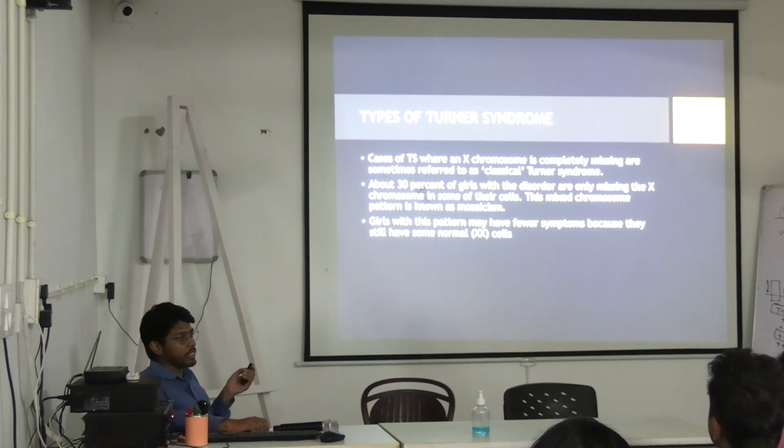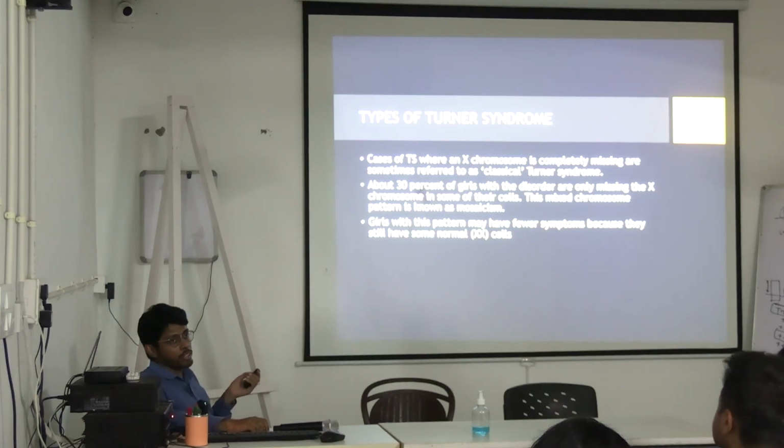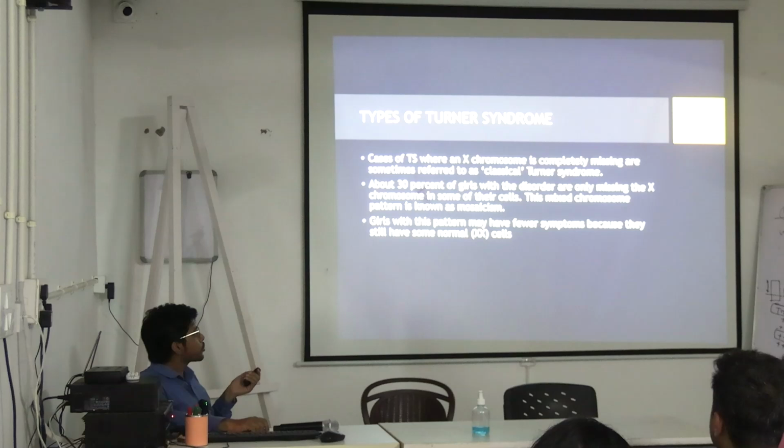In some of the cells X chromosome is present and in some of the cells X chromosome is absent. This mixed pattern is known as mosaicism. Girls with this pattern have fewer symptoms, because some normal X chromosomes are present there.